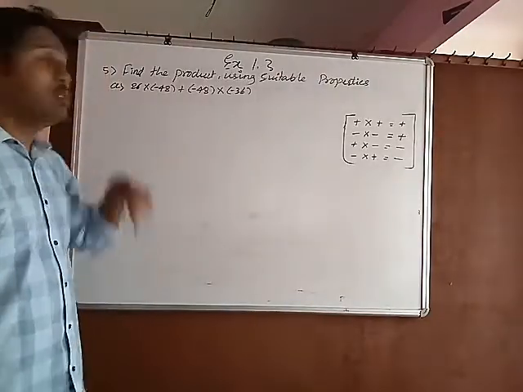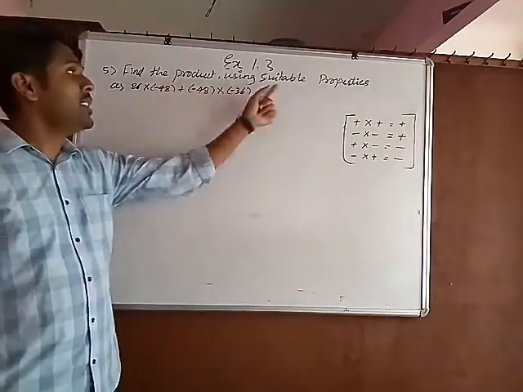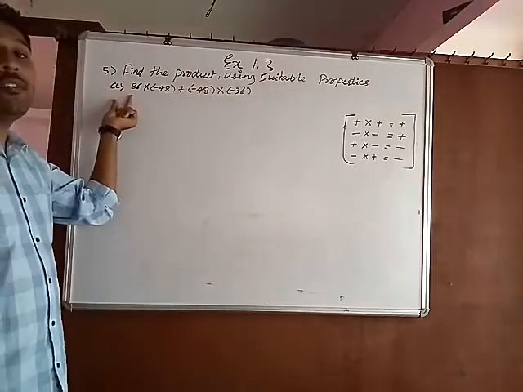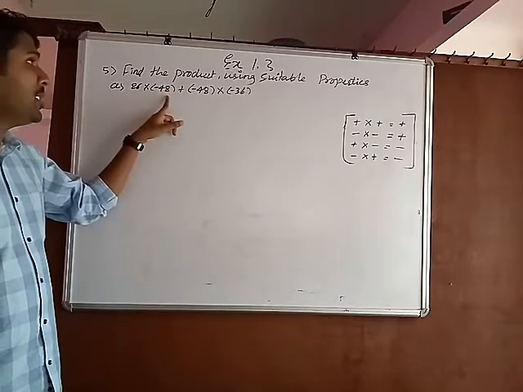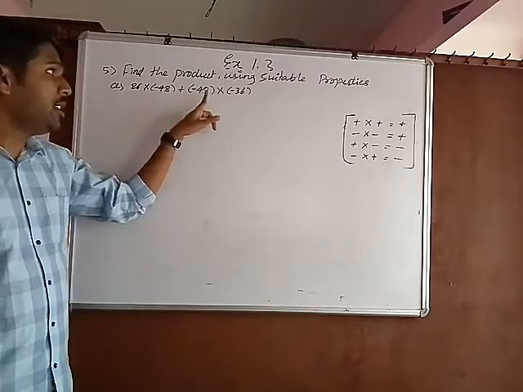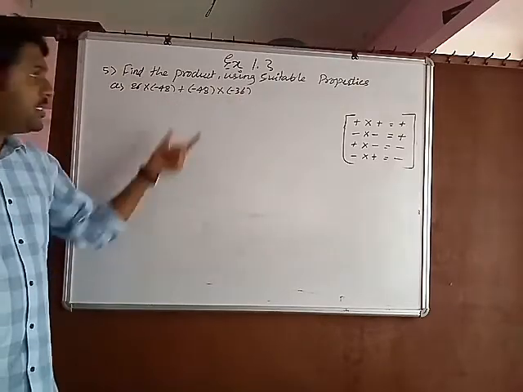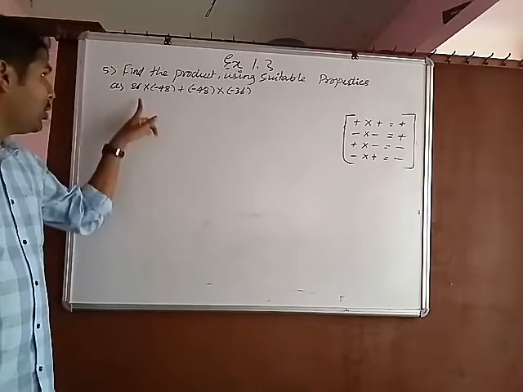Okay, next fifth question is, find the product using suitable properties. Okay, suitable properties. In that sub question, first one is 26 into minus 48 plus minus 48 into minus 36. So observe it properly. Is there any common thing here? Observe it.